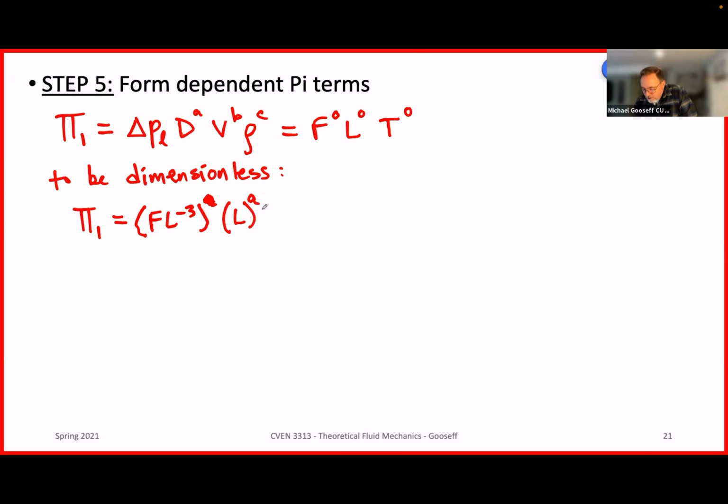And we multiply that, or raise that all, pardon me, to the C power. And this is going to have to equal F to the 0, L to the 0, T to the 0.